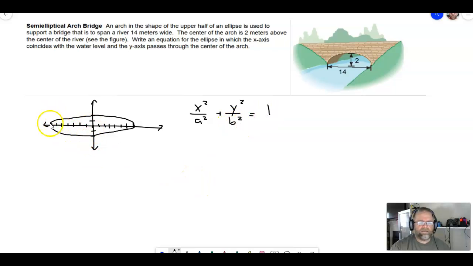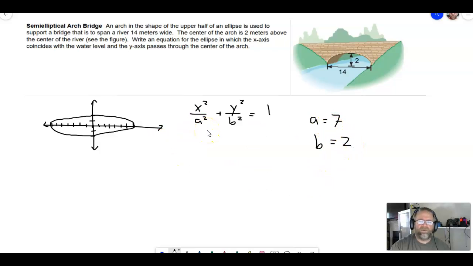Now, looking at this is actually going to be pretty easy because a is just the positive distance from the center to the major axis intersection, so that's just going out 7. B is just the same thing except for the vertical distance there, so going from the center to the y-intercept here, that's just going to be 2, a distance of 2.